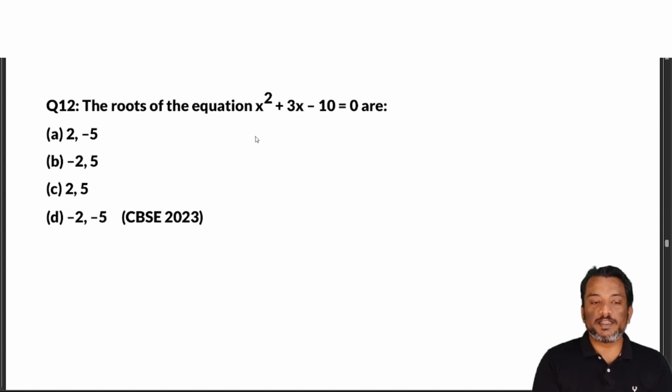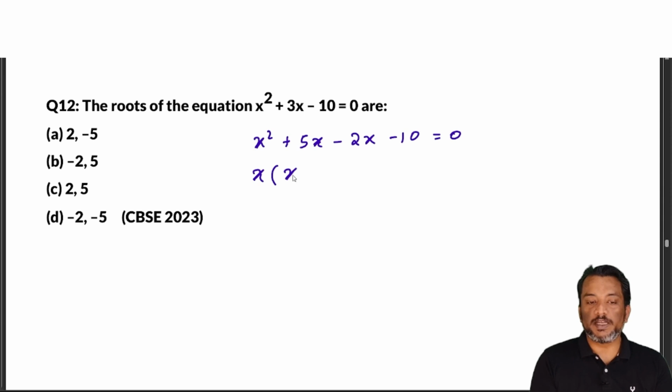So, let me go with splitting of middle term. So we can say x square plus 5x minus 2x minus 10 is equal to 0. So here we take x common, so you will get x plus 5, and minus 2 you will take common.